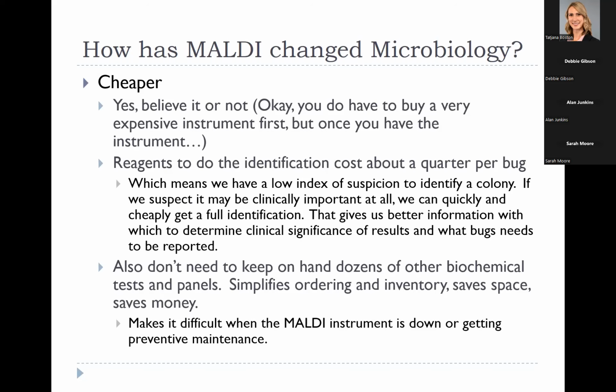We had a case of cholera just last year that luckily, MALDI identified as Vibrio mimicus, and a really sharp, intelligent micro lab director said, okay, let's test that a little further, and it was cholera.